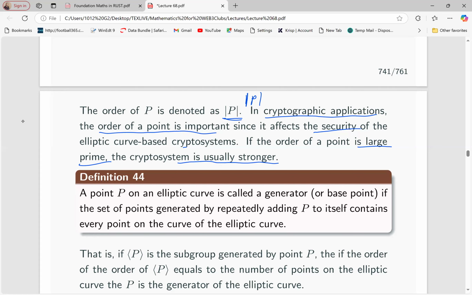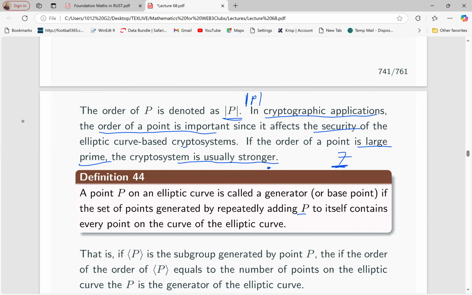So you will then be choosing a point that has an order that is very close to P. So if your P is 7, choose a point that has order close to 7. Must be very high order.